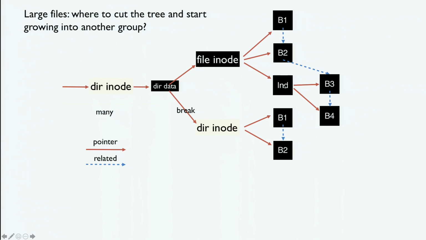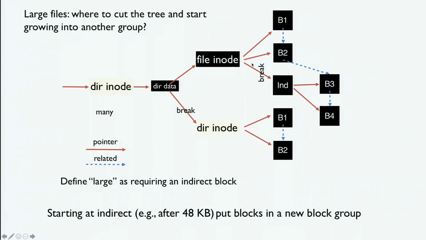So you might as well at that point do a disk seek as well. Every time you allocate or access a new indirect block, that's when we'll go to another cylinder group. So in our picture, we'll cause another break in that policy to go to a new cylinder group whenever you allocate an indirect block.